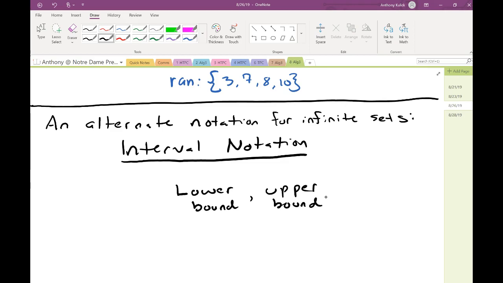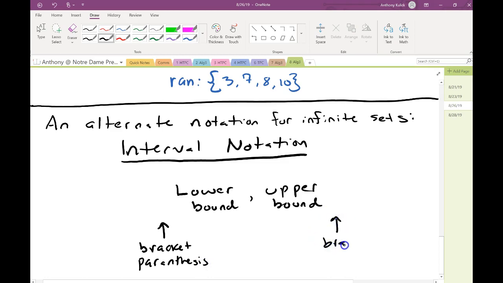But it's one of those things that is much easier to see an example of than to write a formal definition. And to begin, I'm either going to have a bracket or a parenthesis, depending on a condition later.